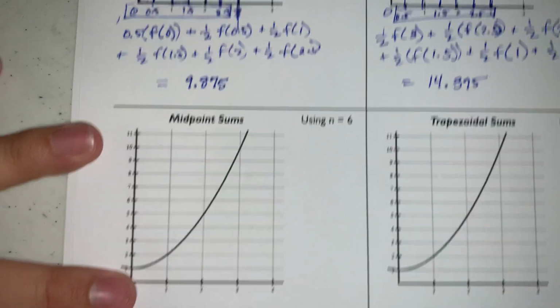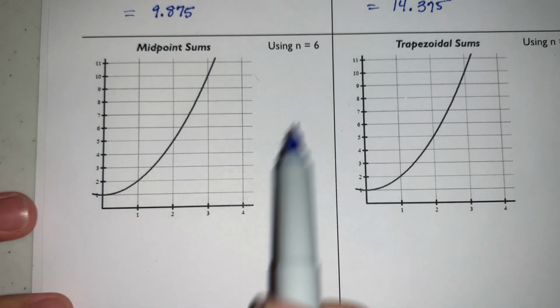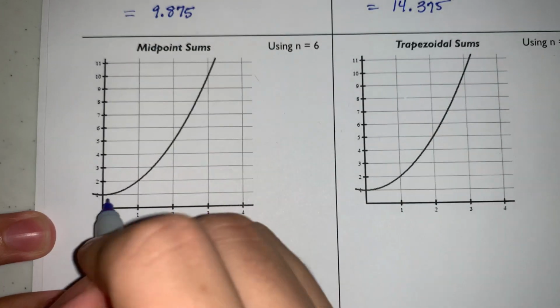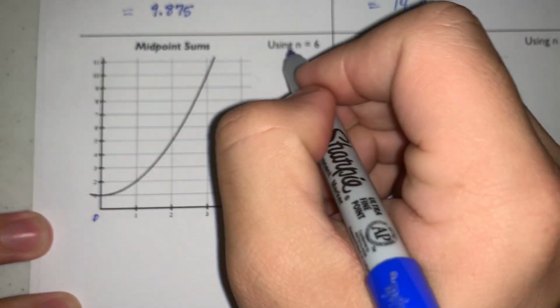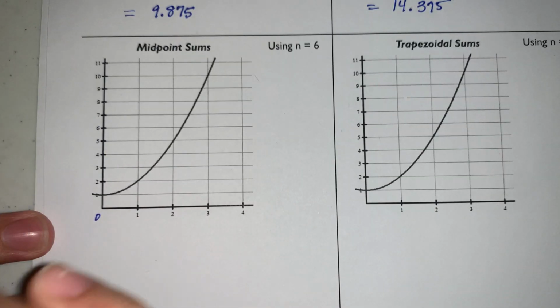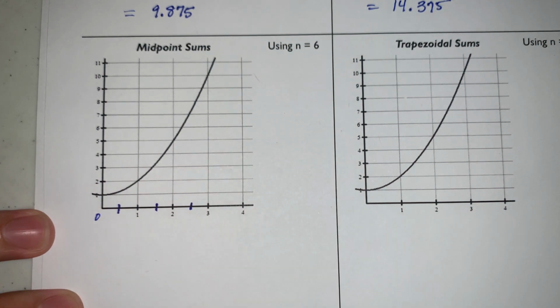Now we get to the annoying ones, which is the midpoint and trapezoidal sums. So if I wanted to calculate these, we're still doing from 0 to 3, right? And we're still using 6 subintervals, and the width of these rectangles is still 0.5. I'm going to draw a little tick mark, so we're still doing 6 rectangles.